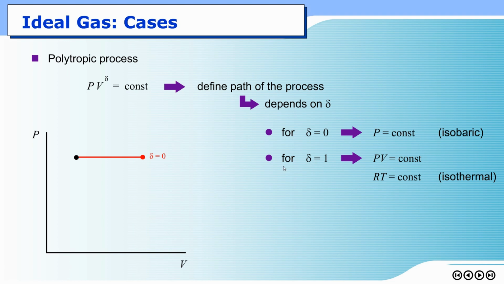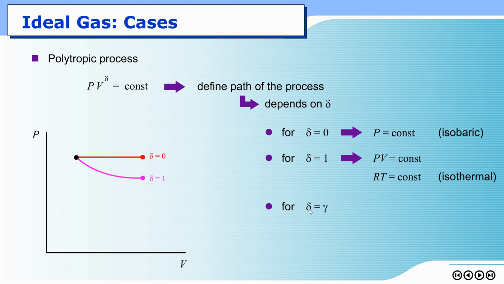Okay, so for delta equal to 1, on the PV curve, you should get something like a hyperbolic function, just like this pink line. So every state along this pink line follows this condition. So that's the meaning of what I said earlier, that this equation defines the path of the process.